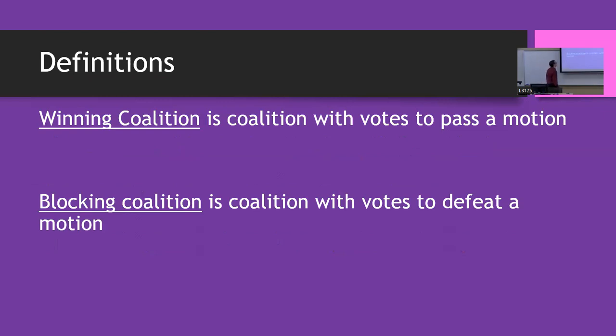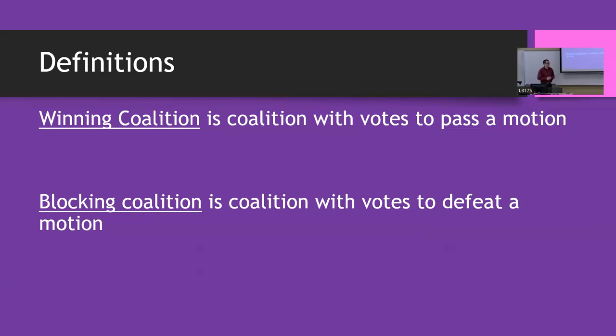Now, a couple more definitions. A winning coalition is just a group of people who have enough votes where if all of them voted together, they pass the motion. A blocking coalition is a group of voters who, if they all vote to fail, make sure that the motion fails.